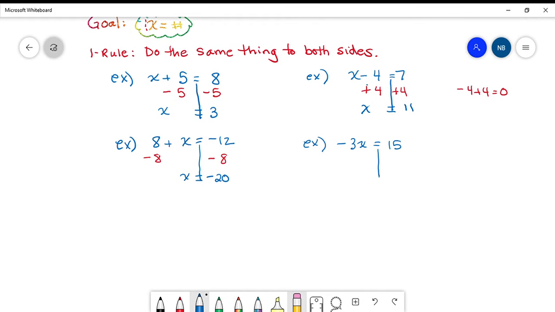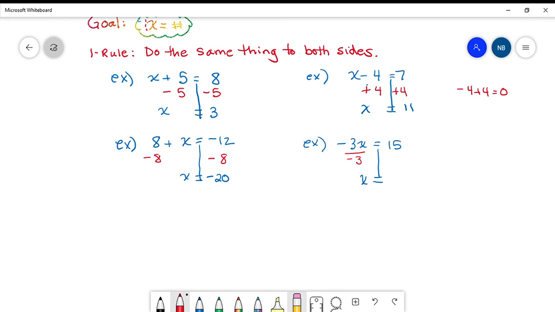Now remember, our goal is x equal. So to move the negative 3, I can't add 3 because negative 3x and 3 are not like terms, so they can't be added. So let's try division and see what happens.